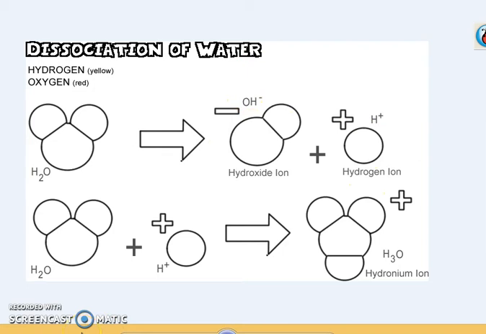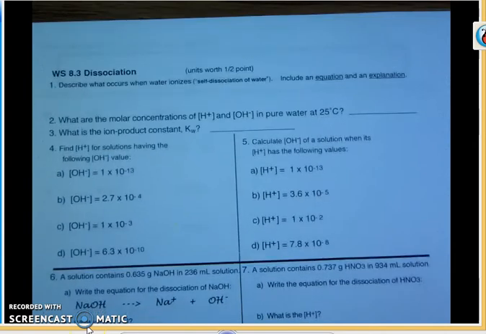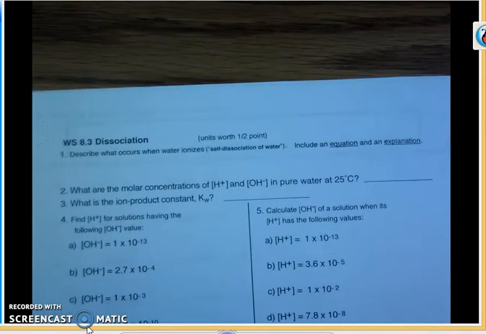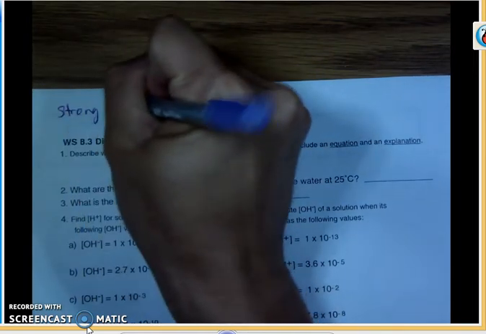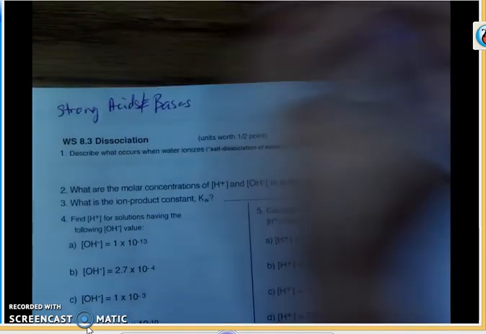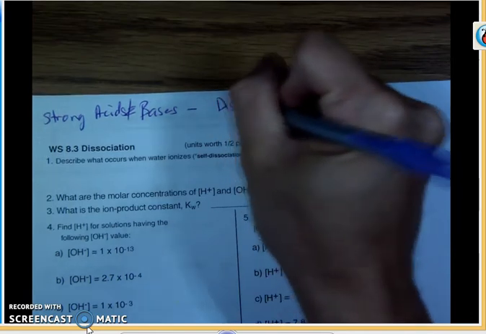Dissociation is the split up of ions of compounds, acids, bases, or whatever it is, in water. There's a quick review here: strong acids and bases dissociate completely.